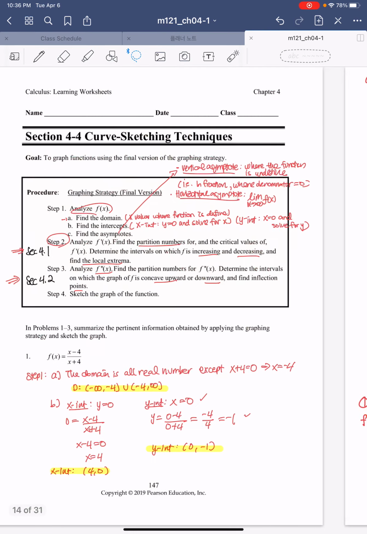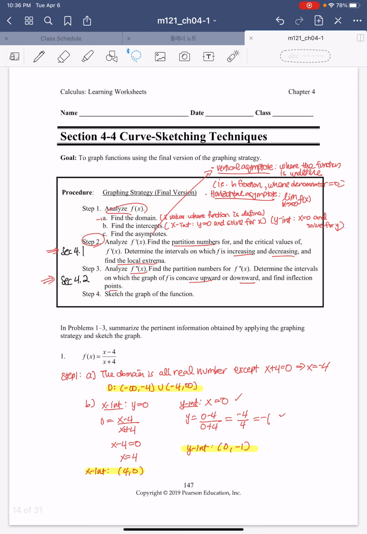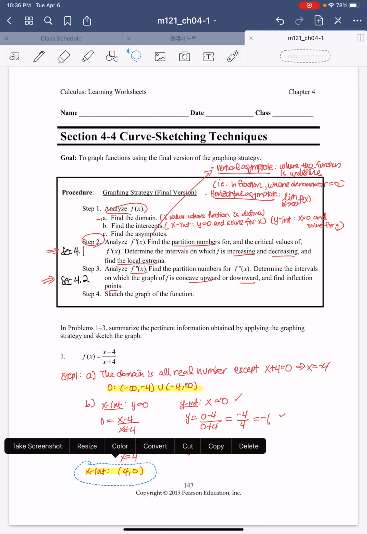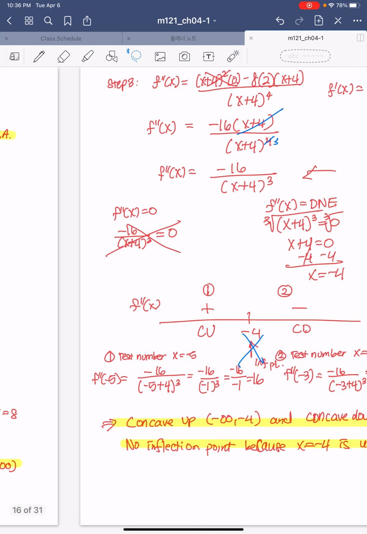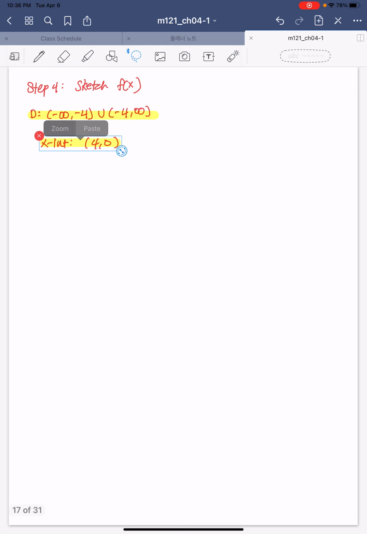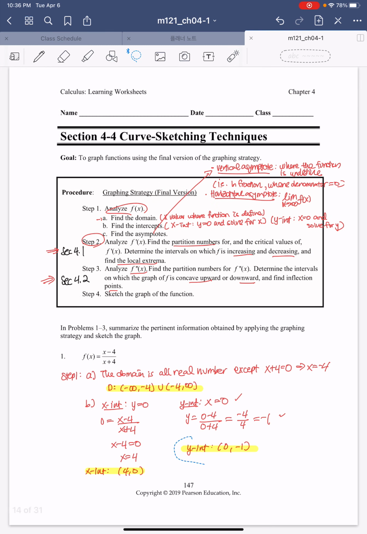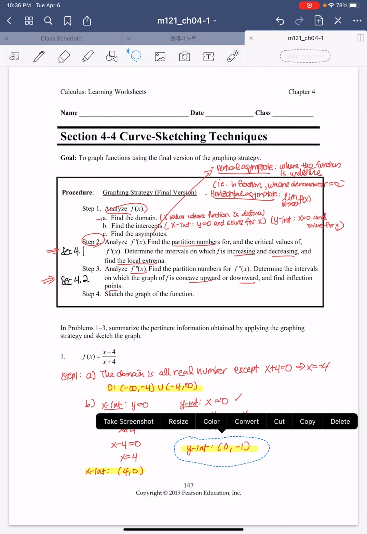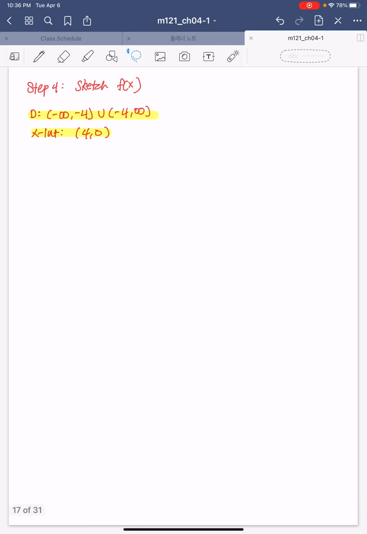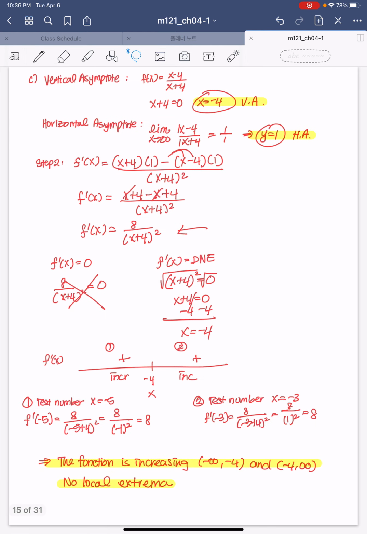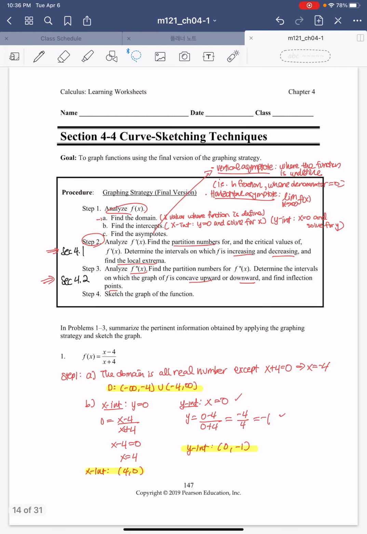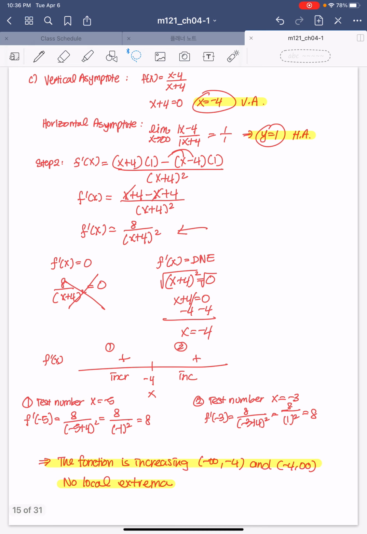So we have a domain, we have x-intercept. So let's also copy this down. And then we have y-intercept. We also have vertical and horizontal asymptote.